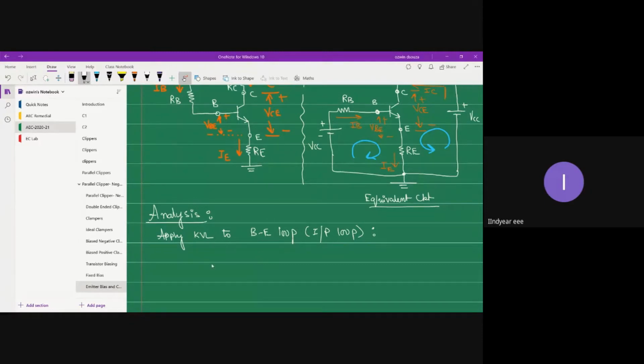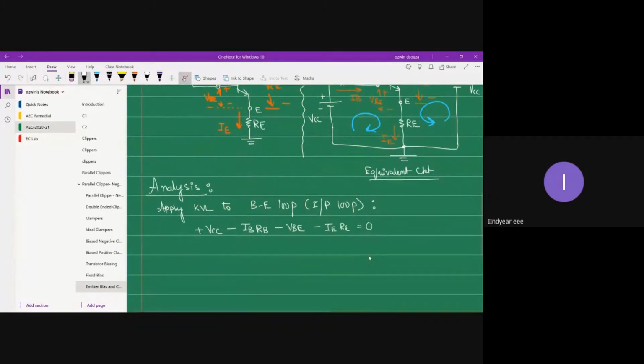Minus to plus, VCC, then resistance drop, minus IB into RB, then terminal voltage. How are we observing the terminal voltage? Positive terminal to negative terminal, hence it is minus VBE. Then you have an additional resistance drop, that is minus IE into RE is equal to 0.